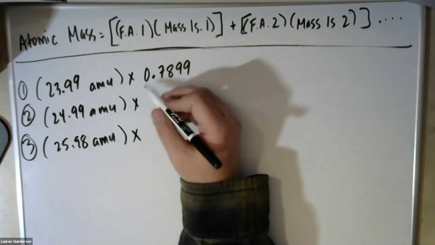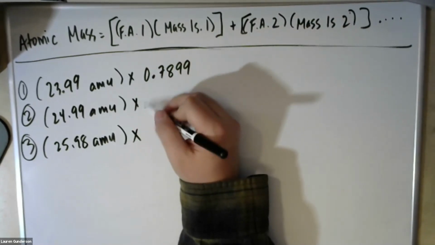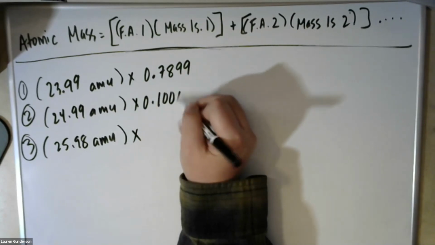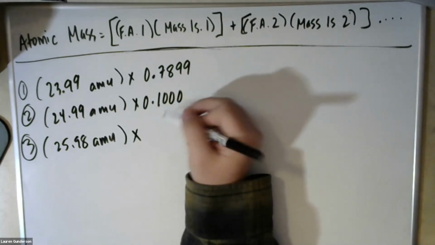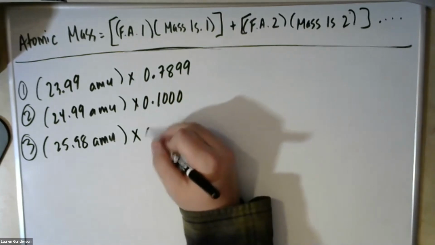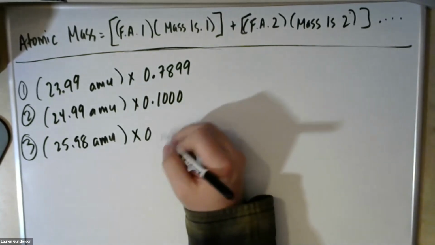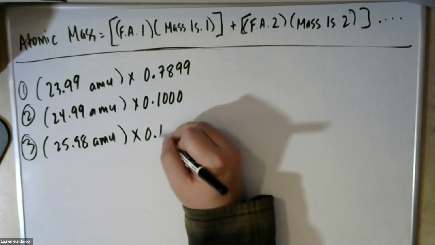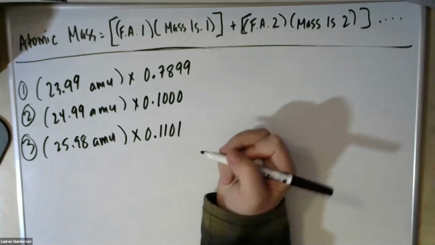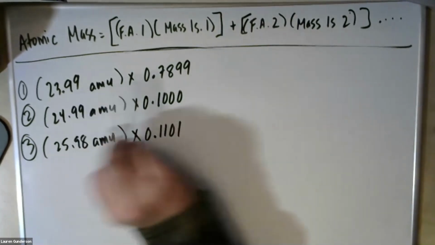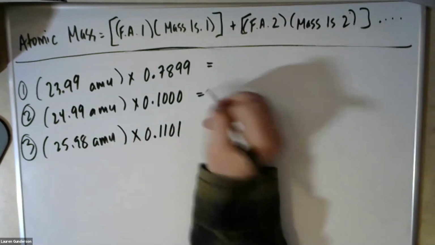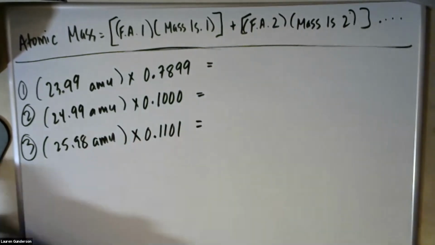The second isotope has a natural abundance of 10%, which means that its fractional abundance is 0.1000. And the third isotope has a fractional abundance of 0.1101.